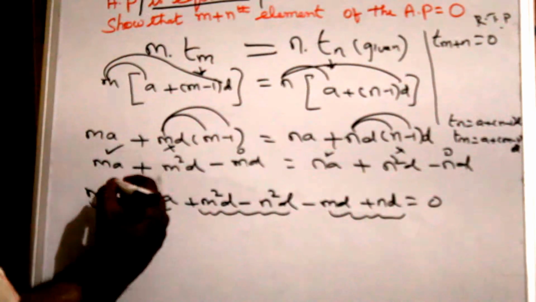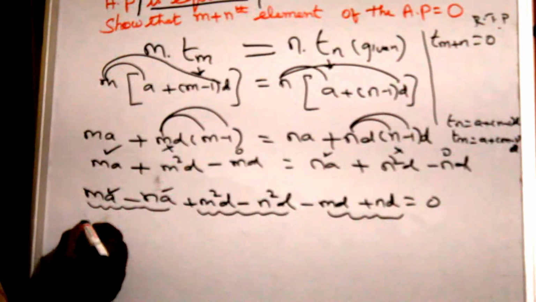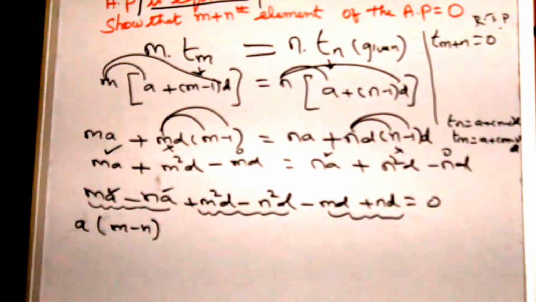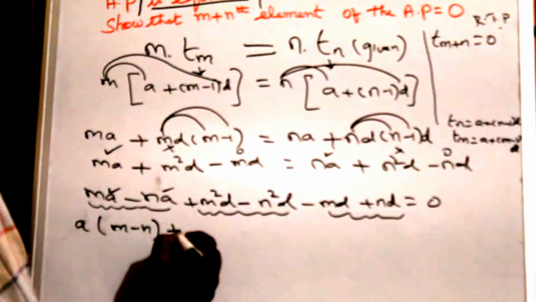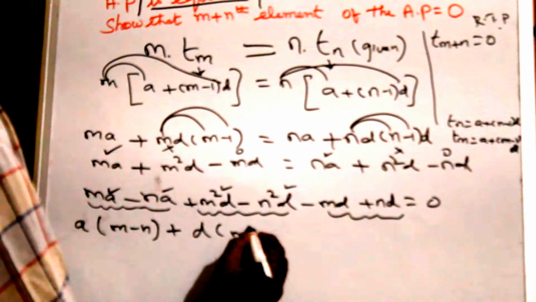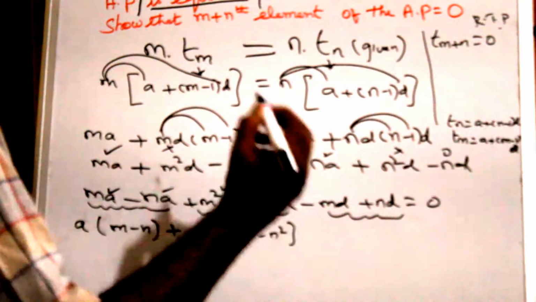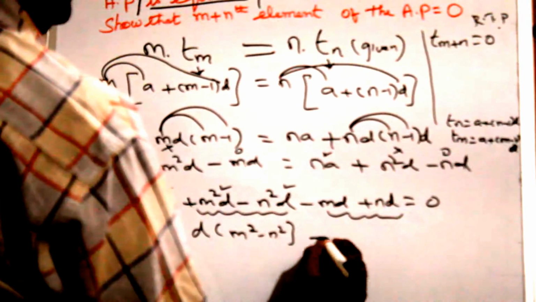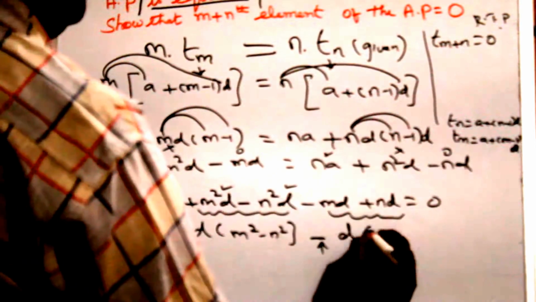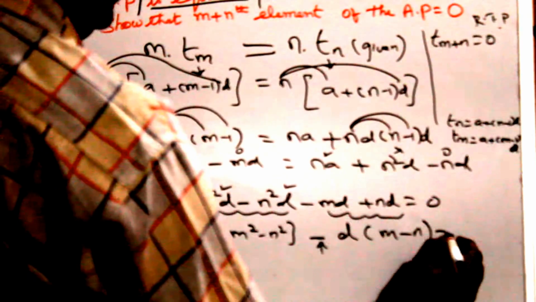Now look here, a is common. So when you take out a, you get m minus n, plus here d is common. When you take out d, you get m square minus n square, minus, here also d is common, but here you have taken minus outside, you must be careful. You get m minus n.